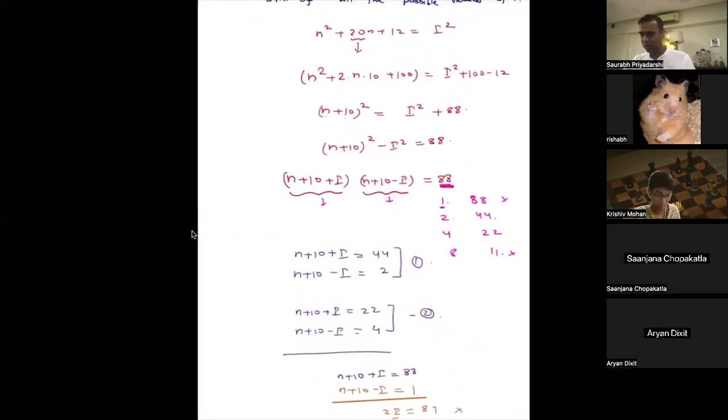It's a simple question, I guess. When perfect squares of numbers are coming, we have to work on divisibility.